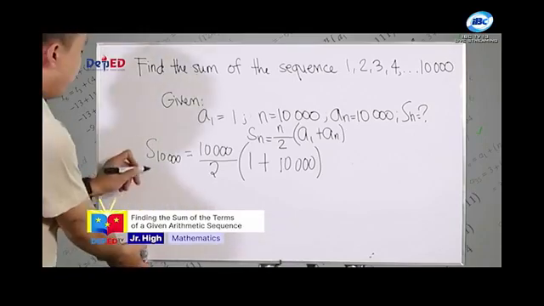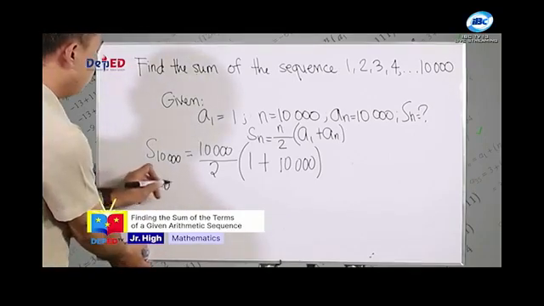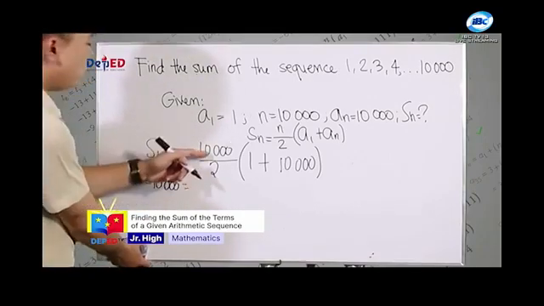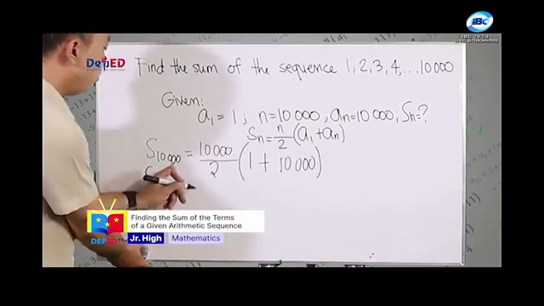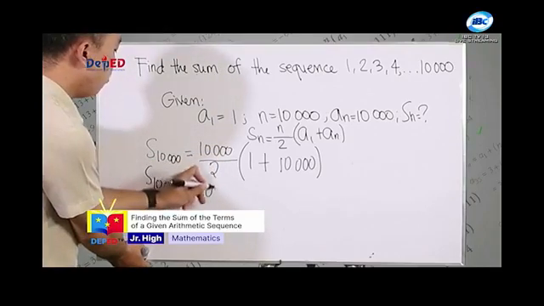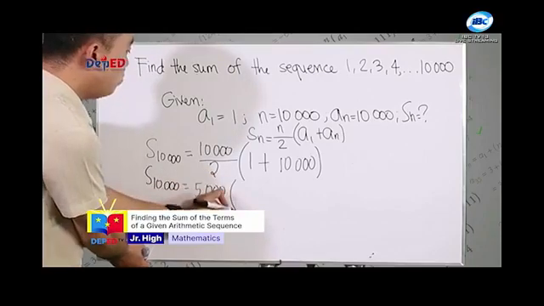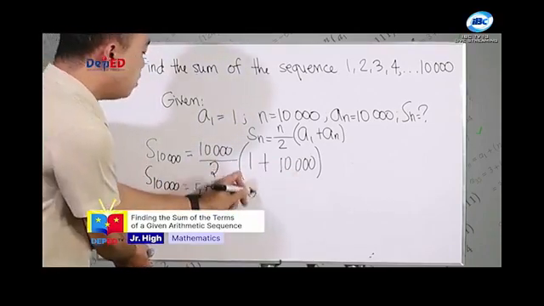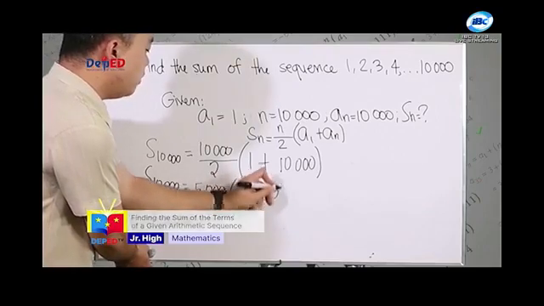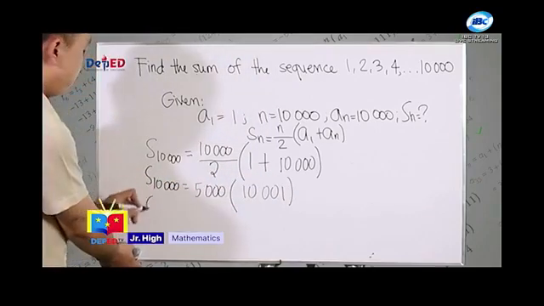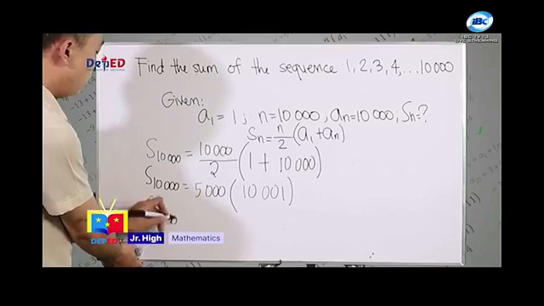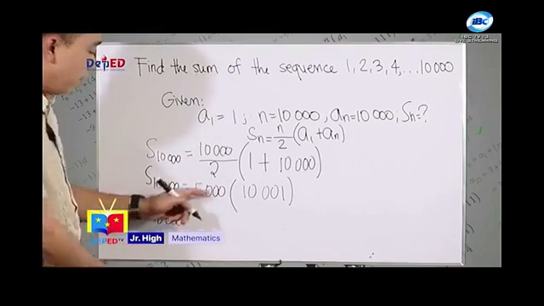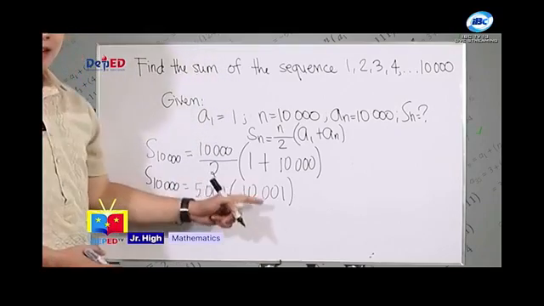Next, we have s sub 10,000 is equal to 10,000 divided by 2, which gives us 5,000, times the sum of 1 and 10,000, which is 10,001. Our s sub 10,000 now is the product of 5,000 and 10,001.